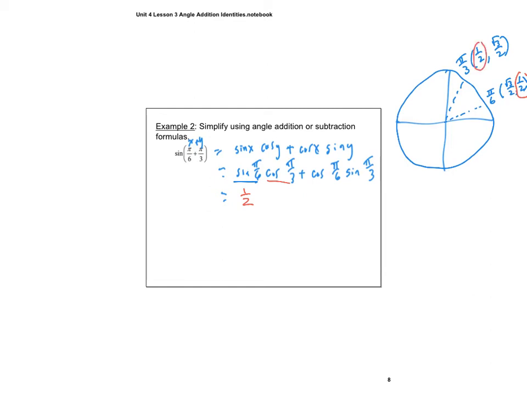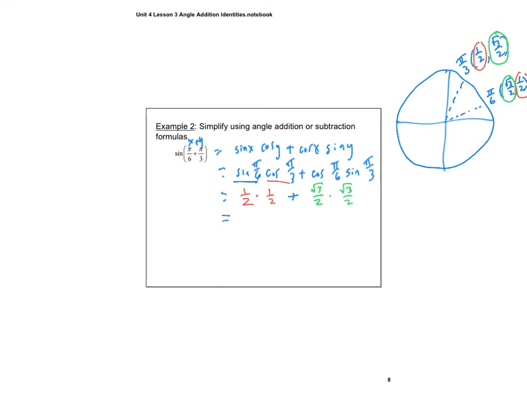And the x value at that angle there is 1/2. So then we have the cosine of pi over 6. That's the x value at pi over 6, which is the square root of 3 over 2. And sine of pi over 3 corresponds with the y value at pi over 3, which is the square root of 3 over 2.